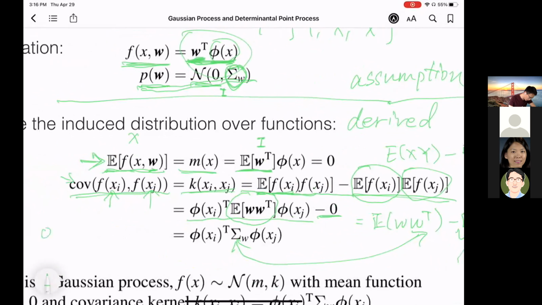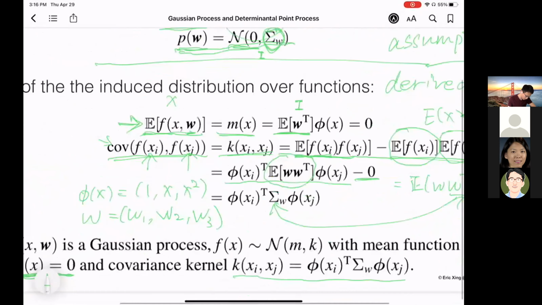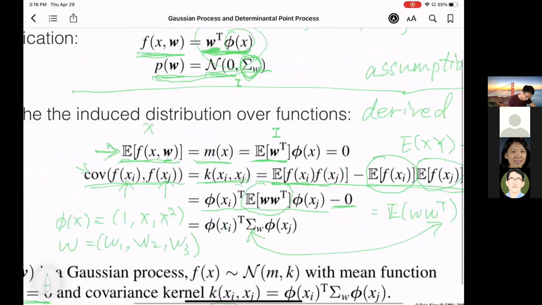If phi(x) equals 1, x, x squared, then W is probably W1, W2, W3. If we do the dot product, it's just a weighted average of these three things, so it's a single dimension. I see. Okay. But we take the x out of the expectation, and then what's left here is a 3 by 3 matrix in this case.